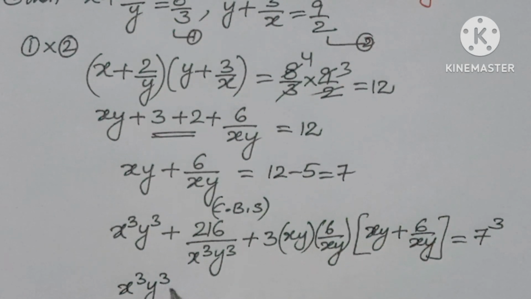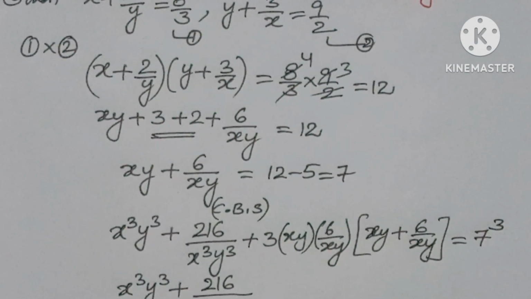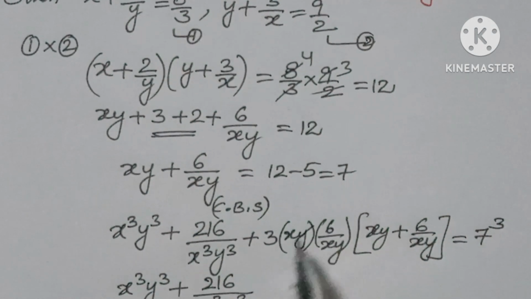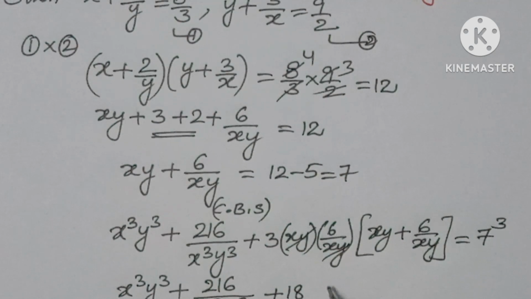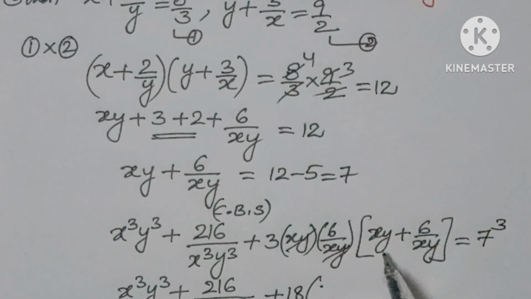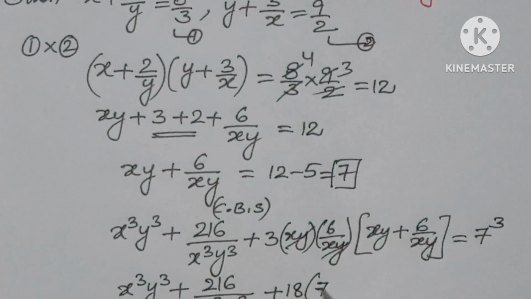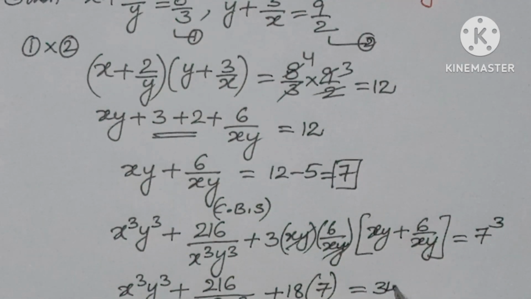Here x cube y cube plus 216 by x cube y cube. Here xy gets cancelled. Plus 18 into, here this value is 7, into 7 is equal to 343.